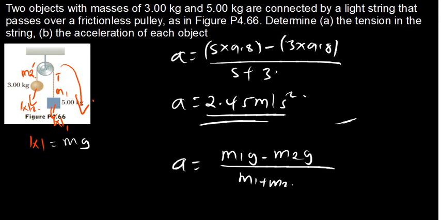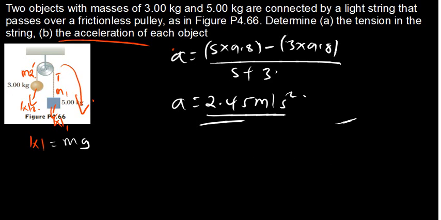Okay, so now I've started solving part B, then we are going to go to part A. Now, after finding the acceleration, we are saying that the acceleration for both blocks is going to be the same. So let's just put this acceleration here. We are saying that acceleration is going to be equal to 2.45 meters per second squared.